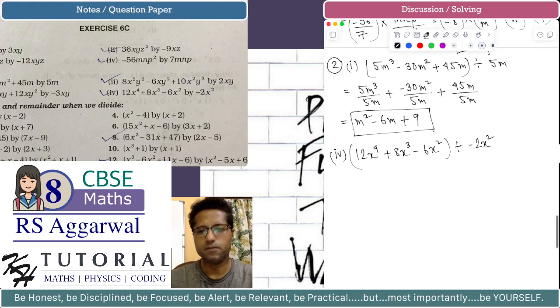So this will be equal to, we divide all the terms of the polynomial by the monomial and add the results.